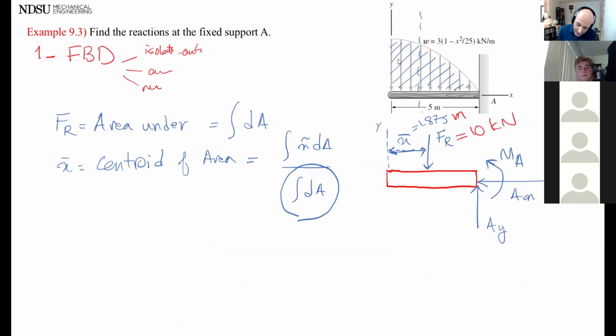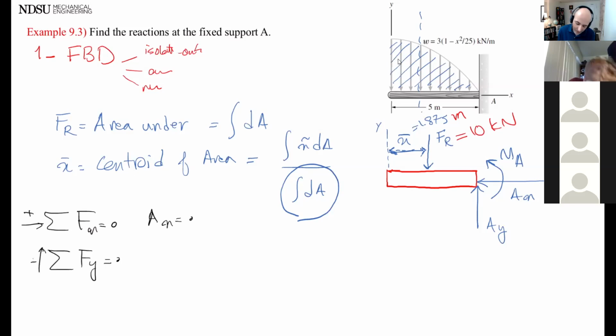So now it's easy. Summation of forces in x equals 0. I'm back to my equilibrium. AX is 0. Summation of forces in y equals 0. Anything that points up is going to be plus. I have minus 10 kilonewton plus AY. AY is 10.